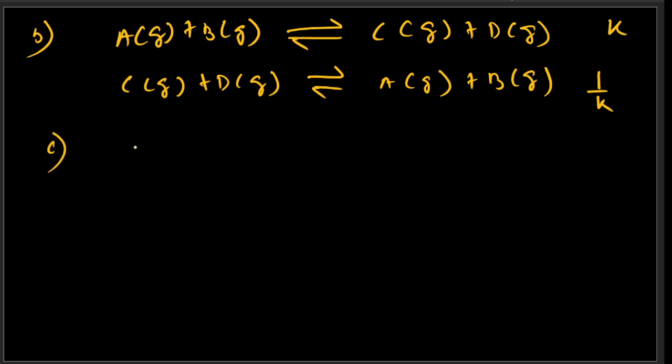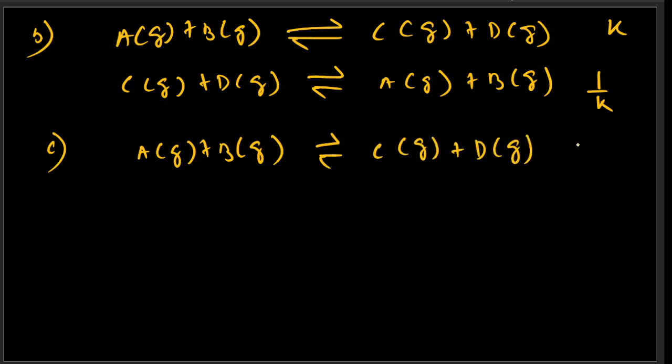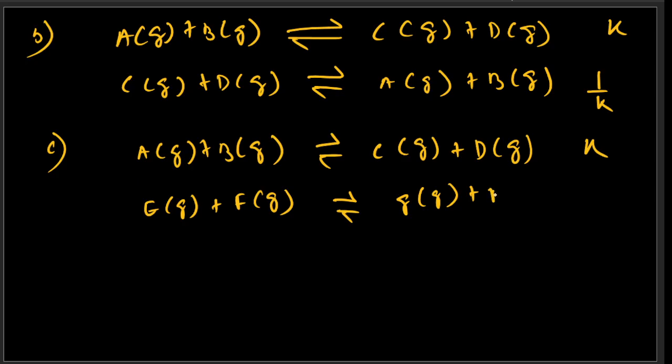Another mode of representation, suppose A gas plus B gas gives C gas plus D gas, this is K, and another is E gas plus F gas gives G gas plus H gas, and this is K1.